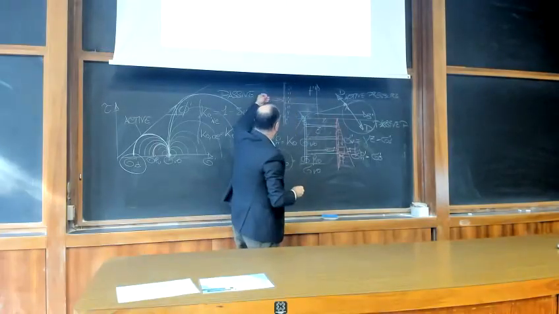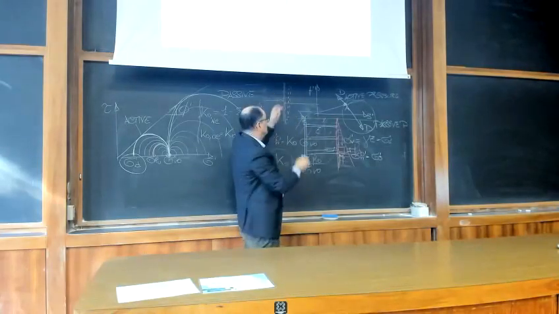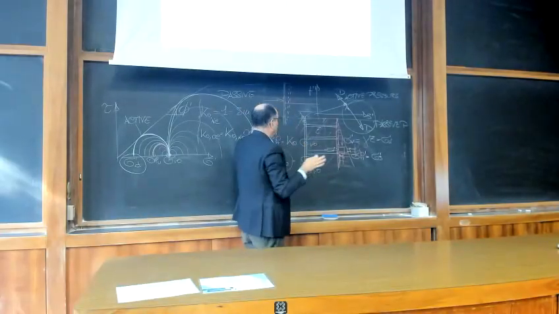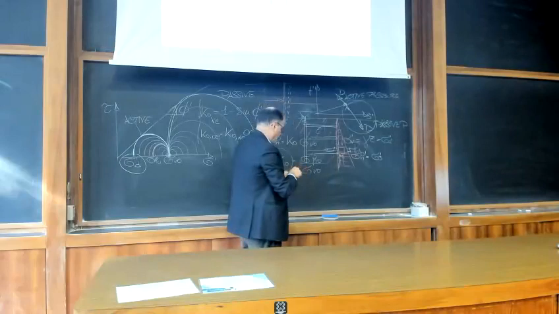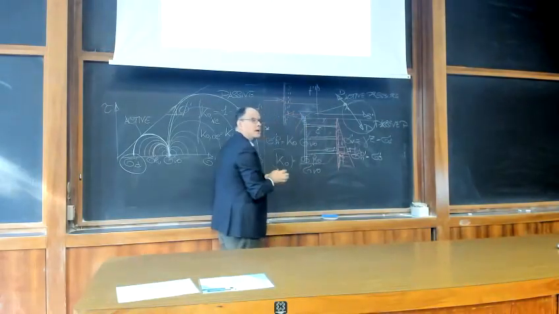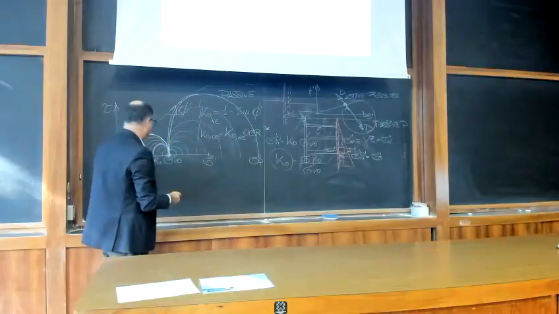And if it is true that this goes to active conditions because it is expanding the soil, the other soil on the other side will be compressed, and so it will react with an increase of the horizontal stress.